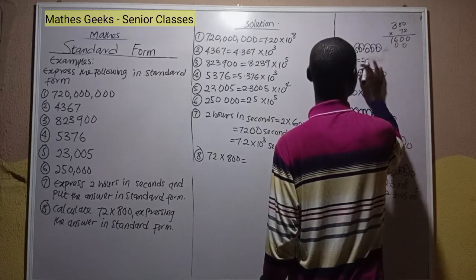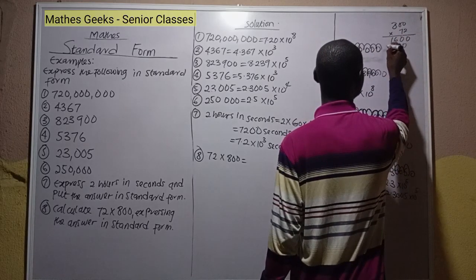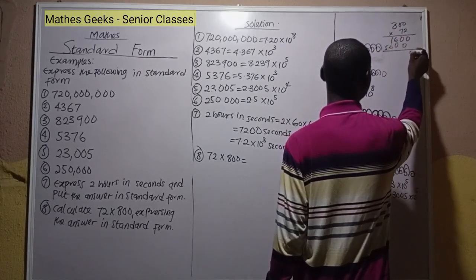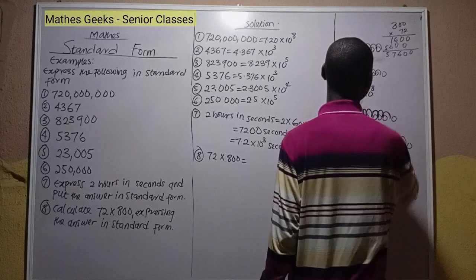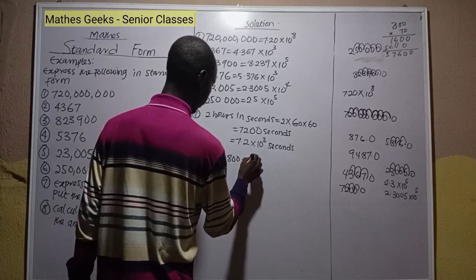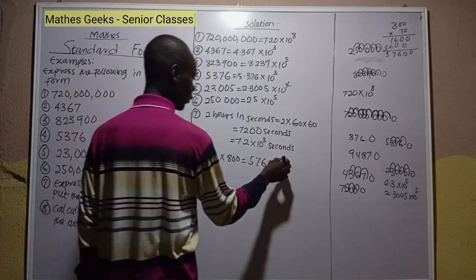That gives 57600. So our decimal point is here.